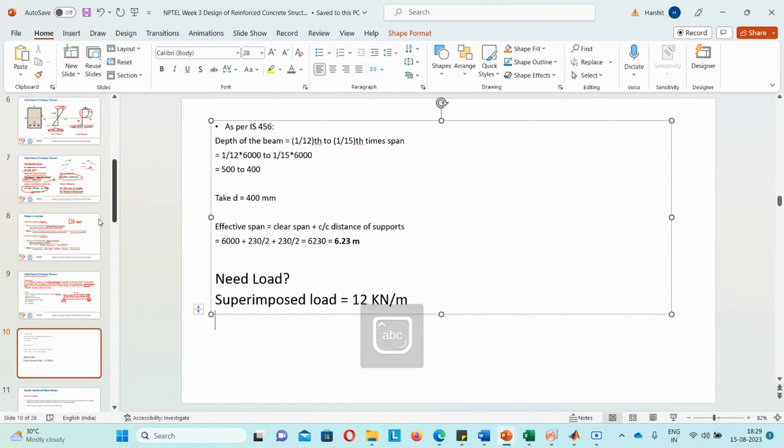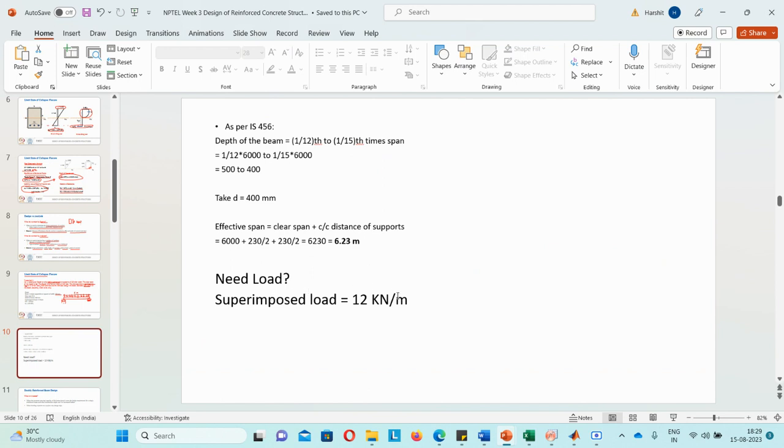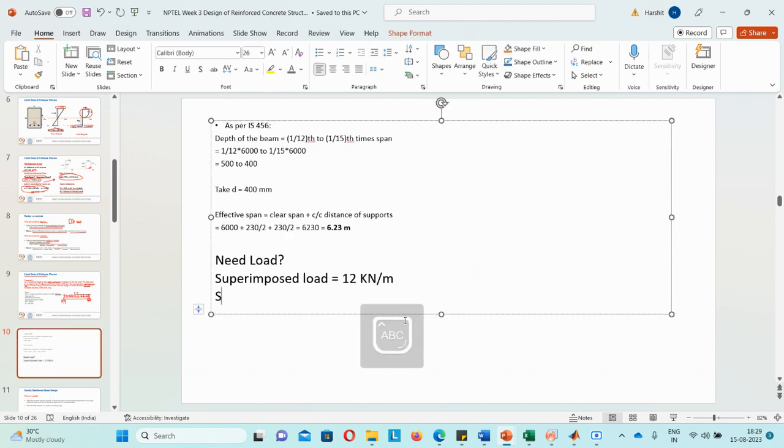But it is also given in the question that we need to consider the self weight of the beam. So how can we compute self weight? Self weight will be given by nothing but density into volume. Okay, what is the density of concrete? Generally, we take 20 kg per meter cube as the density of concrete.